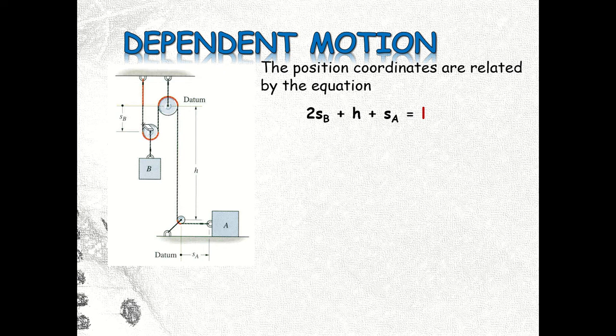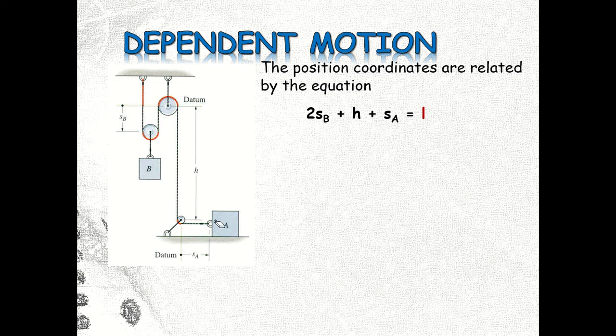Why do I say it varies? When this block moves to the left or to the right, for example if block A moves to the left, what will happen? The cord will be stretched, because this block holds this block at this position.